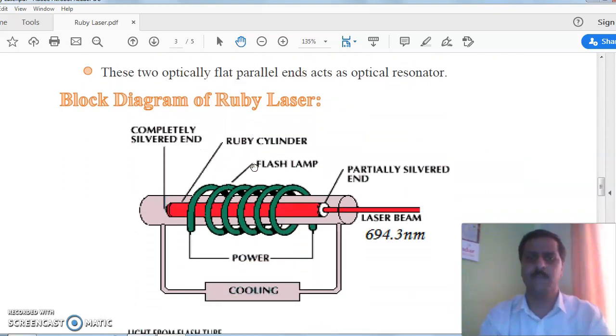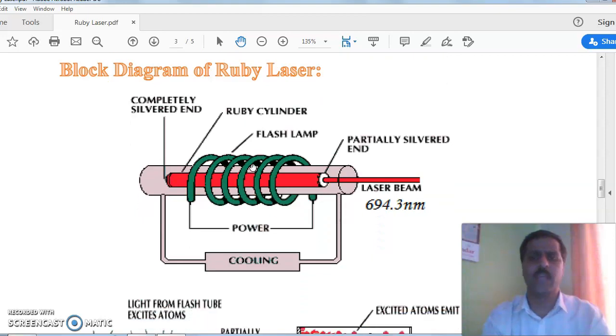Come to the block diagram. This is the block diagram. In the block diagram, there is a helical glass tube in which xenon gas is filled, and a ruby crystal in the form of a rod is inserted inside this helical glass tube.